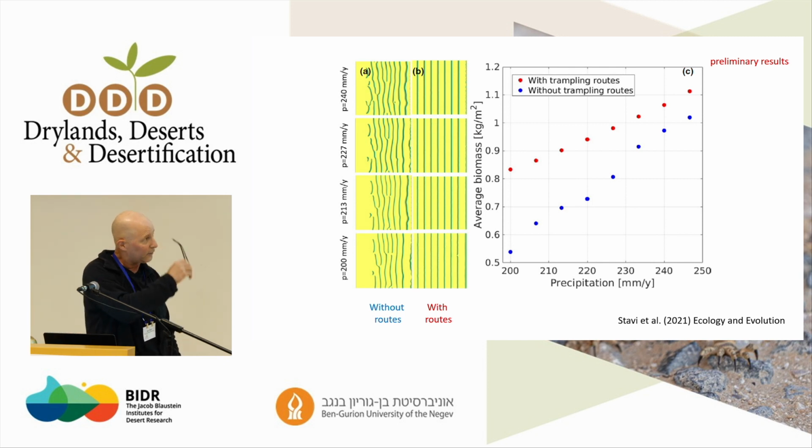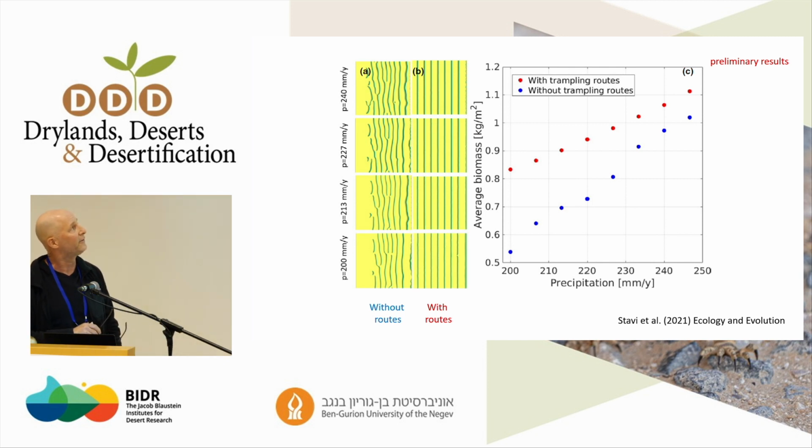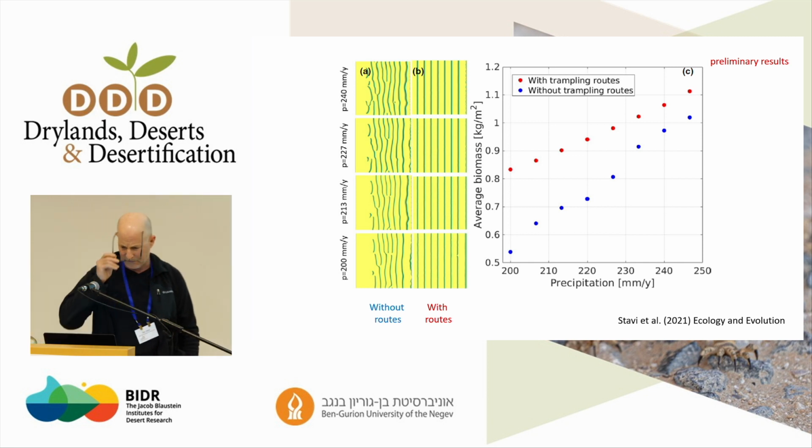Here we see the effect of precipitation decrease on shrubby vegetation in systems with trampling roots in red. As we can see, the shrubby vegetation in these systems decreases but does not collapse, while in systems without trampling roots, in blue, the shrubby vegetation decreases and then totally collapses.